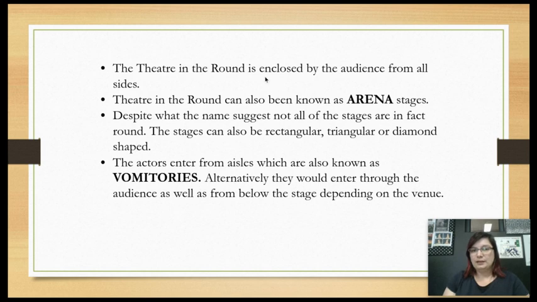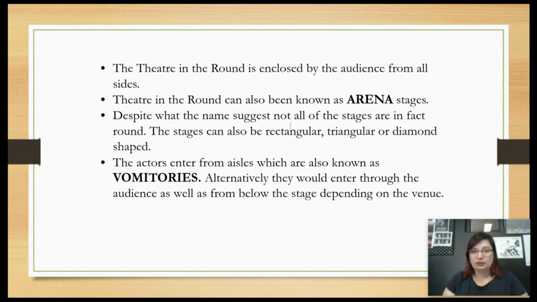Okay, as discussed, it's enclosed by the audience from all sides, right? You can also call the theatre in the round an arena stage because it resembles that similar shape as an arena, like what you would get for football or sporting events, those type of areas where it's surrounded completely by people who are seated, okay?